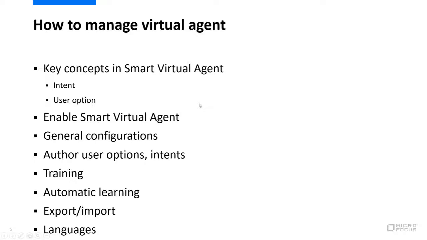First, I'm going to introduce the key concepts in the virtual agent solutions. They are intent or intention and user options. And after this, I will take the update personal information as an example to show you how to configure this particular intent into the virtual agent.